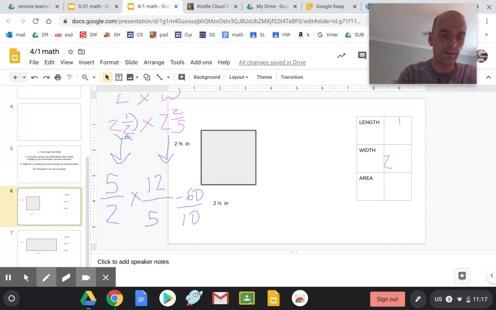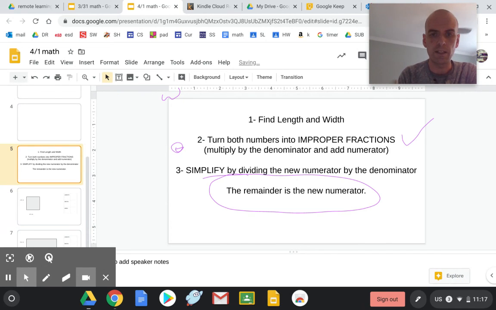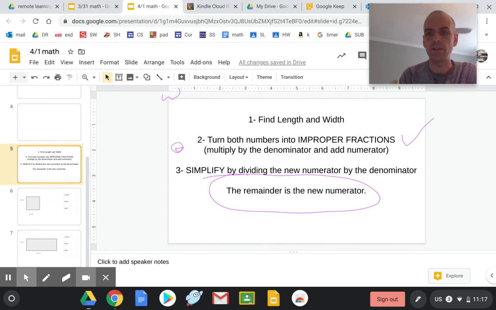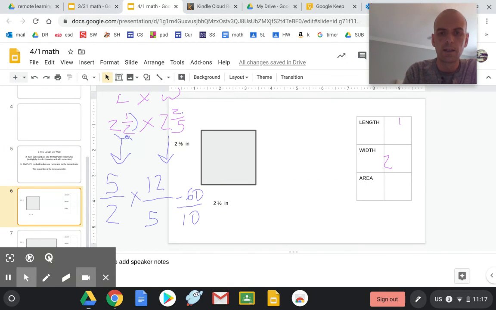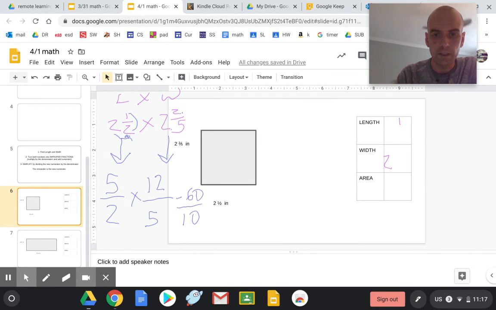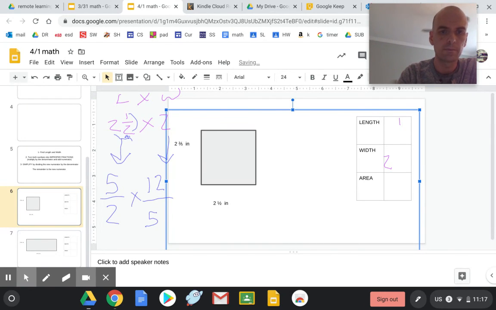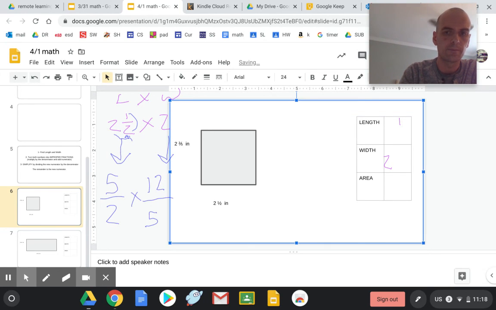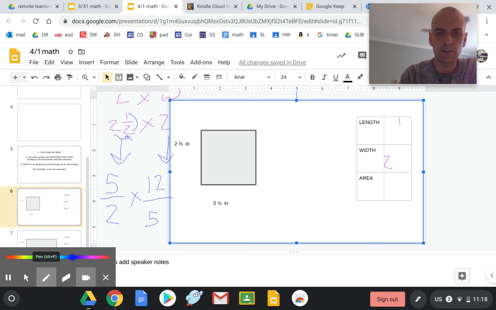Okay, then the next step is we simplify by dividing the new numerator by the denominator. So we are going to do 60, it's 60 tenths.